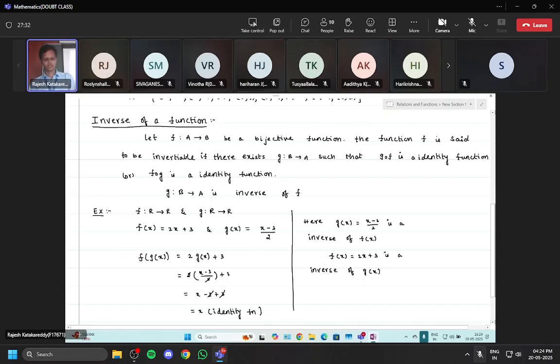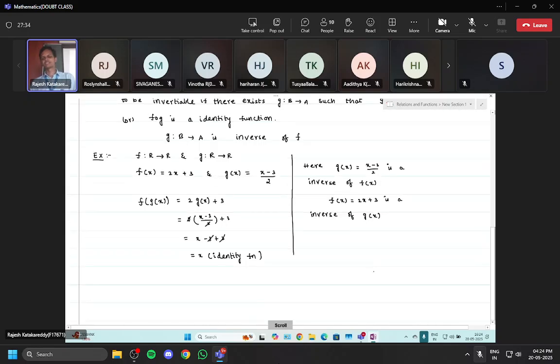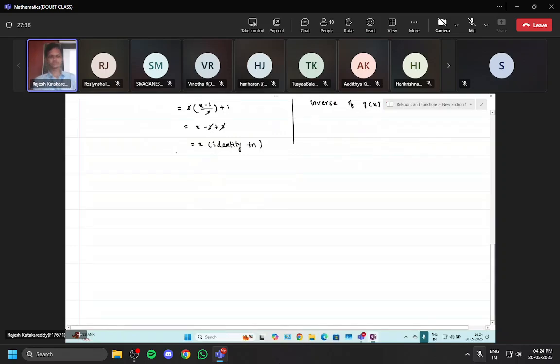Done. Now we will see the procedure, how we will find the inverse. Some steps will be there.